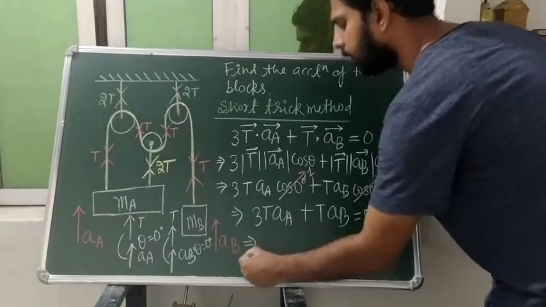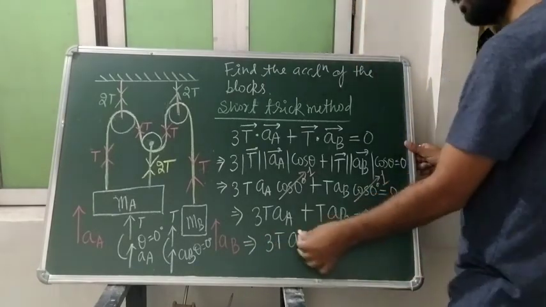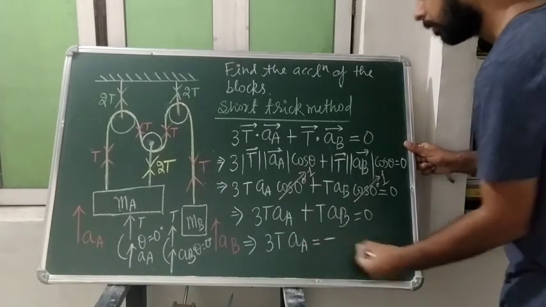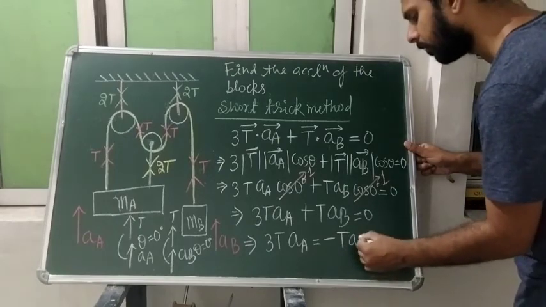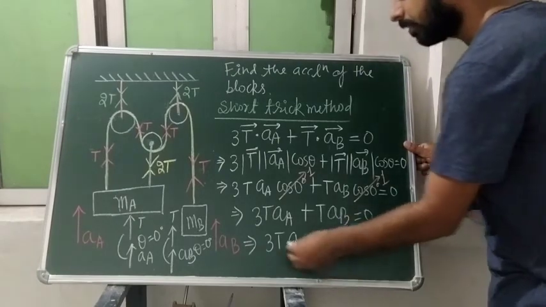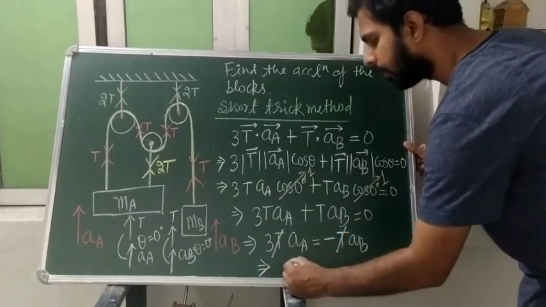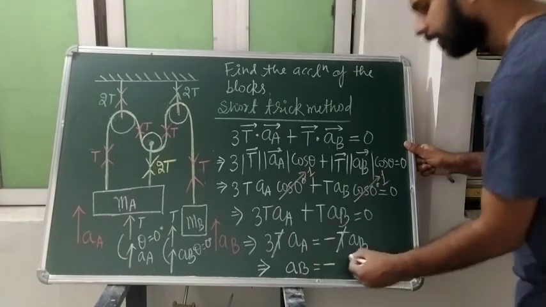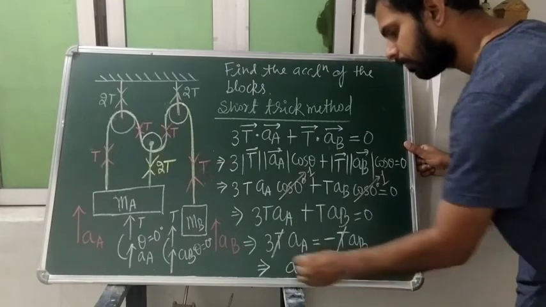So from here what will we get? 3T times the acceleration of block A must be equal to minus this T times the acceleration of block B. This T will get cancelled out, and from here our acceleration of block B will be minus 3 times the acceleration of block A.